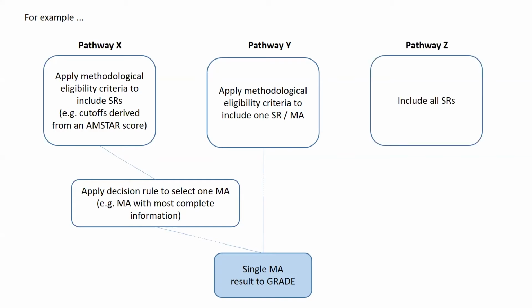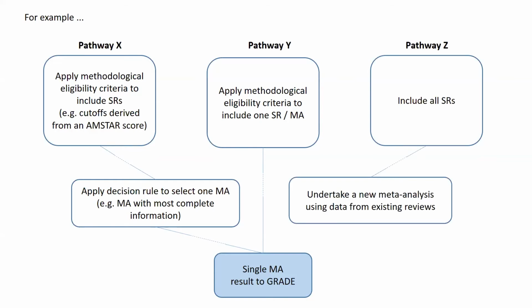Third option is that they might include all systematic reviews. They might undertake a new meta-analysis using data from existing reviews, again leading to a single meta-analytic result to grade. And there are many other pathways that are possible, and those of you who have done an overview will start to recognise some of these.